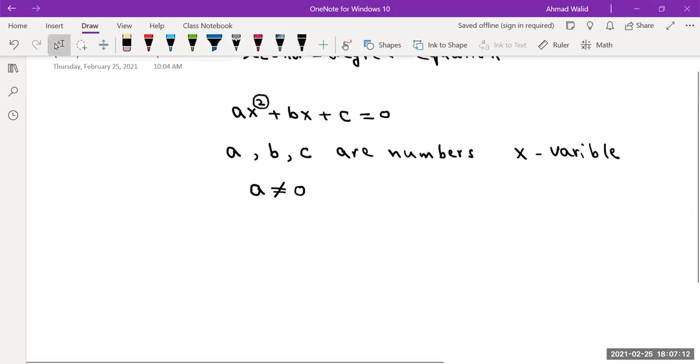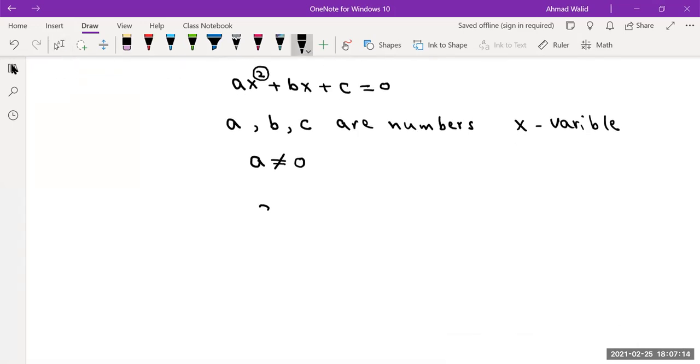Why can A not be 0? Because in the general form, ax squared plus bx plus c equals 0, if I plug in A as 0, it will be 0x squared. And 0 times any number is 0. It means you will end up with bx plus c.